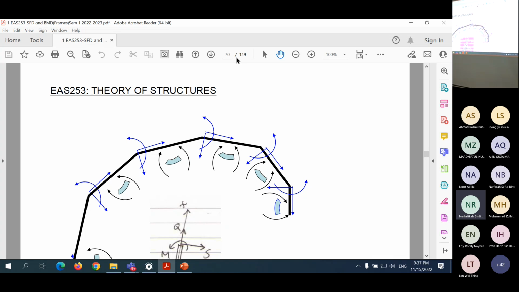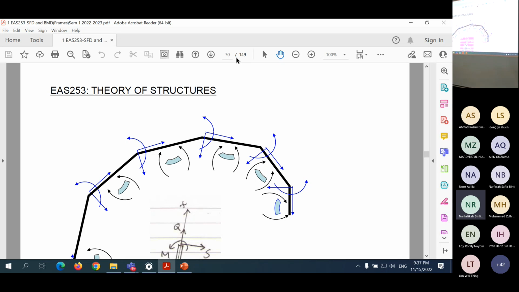So class, I think I have gone through one example with you in great detail. So we are going to go through a few more examples just to get you more familiar with the process. You can see it is very similar to the case of a beam. You get the reaction forces, you cut, then you draw the free body diagram. The only thing in a frame is the shear force, sometimes like this, depending on the member. So you have to know how to define shear and axial force.